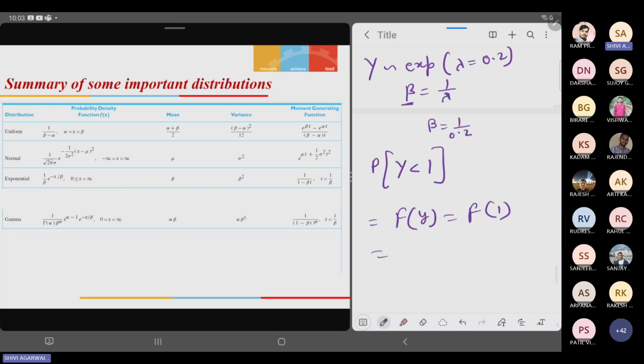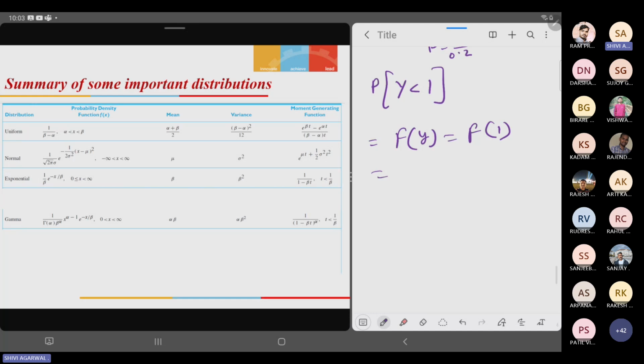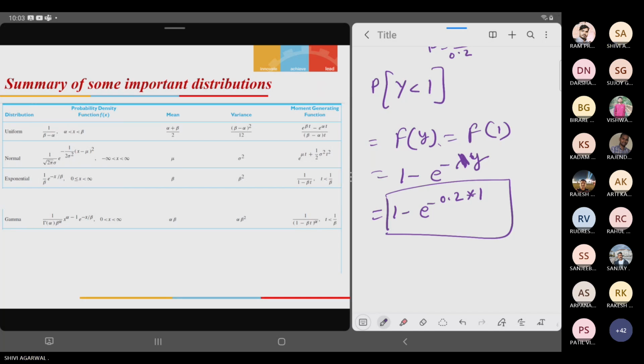So directly by using the CDF of the exponential distribution, 1 minus e to the power minus lambda y. Instead of y by beta we can use lambda directly also. So we can write 1 minus e to the power minus 0.2 times y, where y is 1. This is the answer. I will upload this question also on the slide.